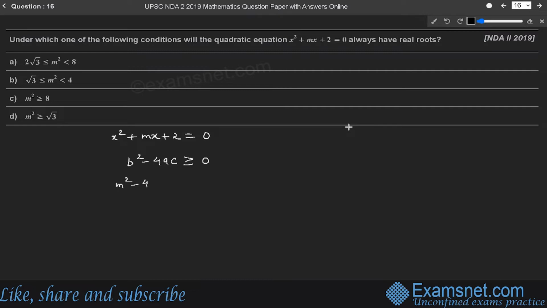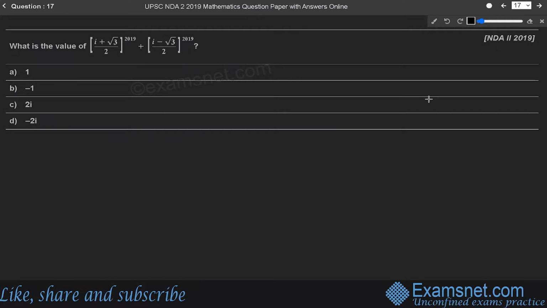So m square minus 4 into 1 into 2 will be greater than or equal to 0. So m square minus 8 will be greater than or equal to 0. M square will be greater than or equal to 8. So this is the required condition which is true for the given equation. Therefore, the correct option here is option C.